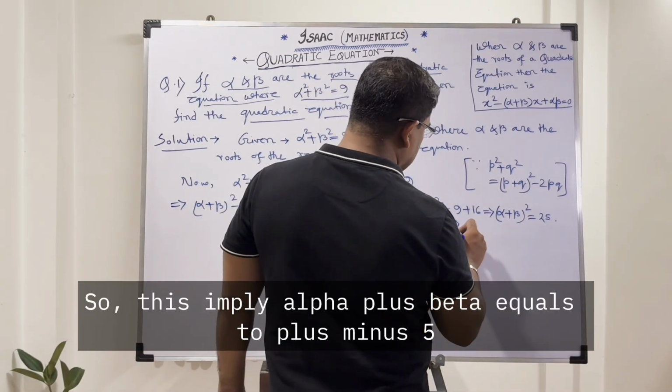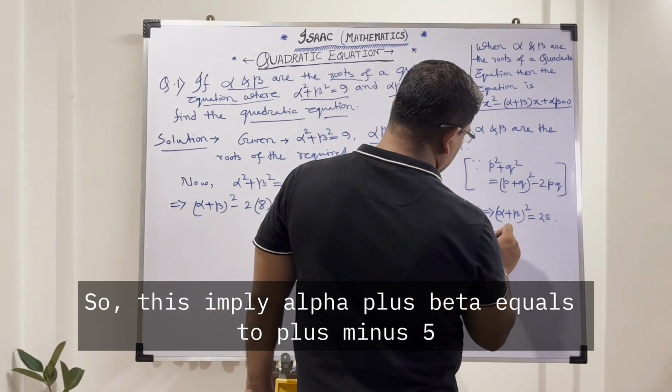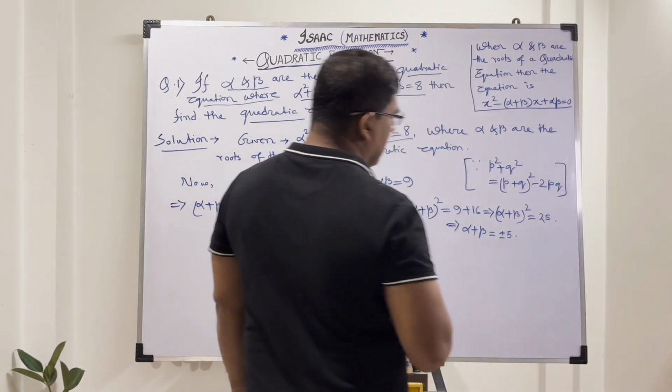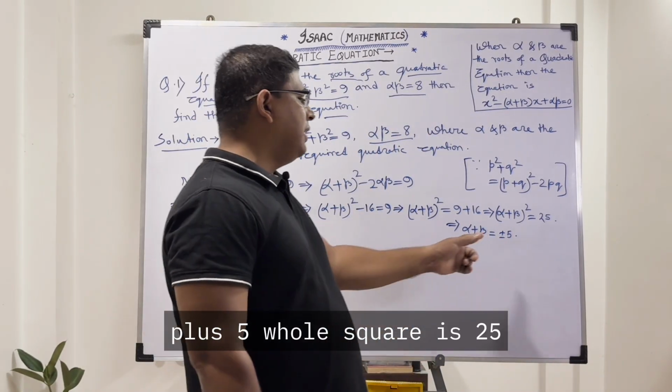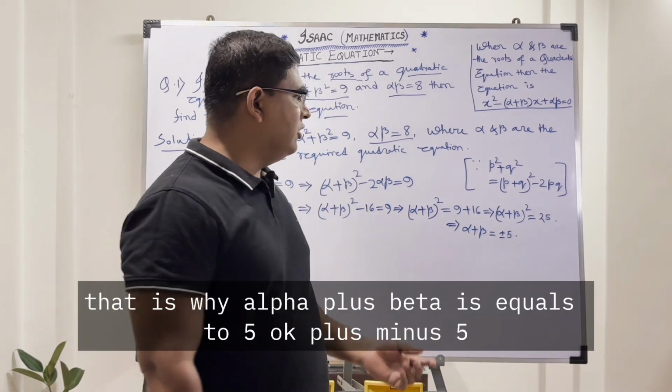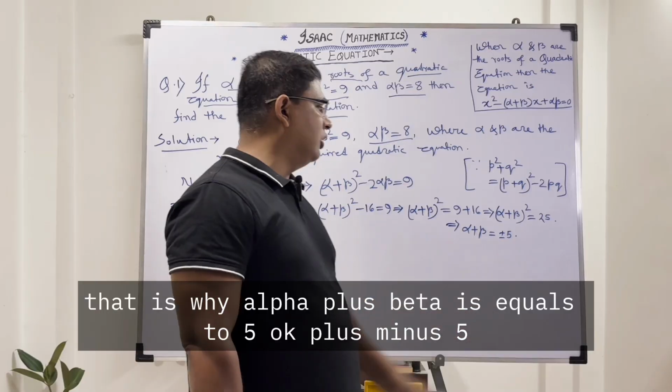So alpha plus beta equals plus minus 5, because plus 5 whole square is 25 and minus 5 whole square is also 25.